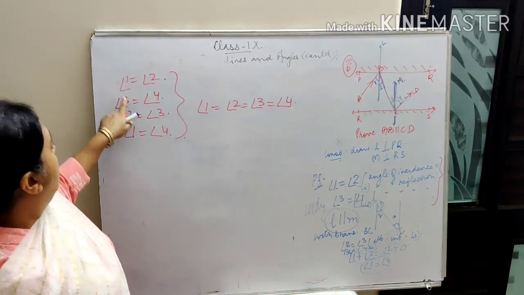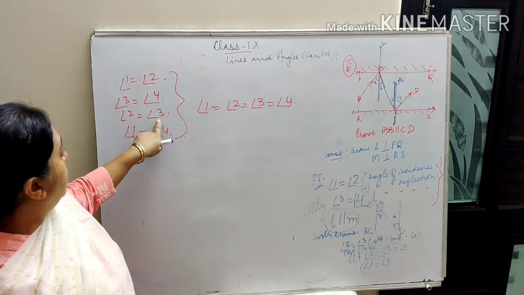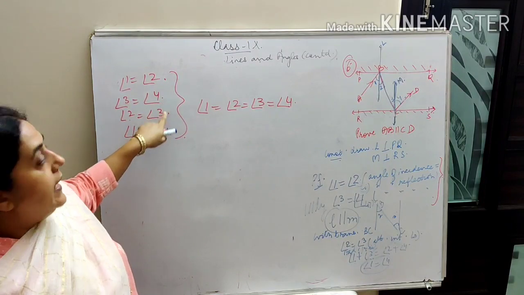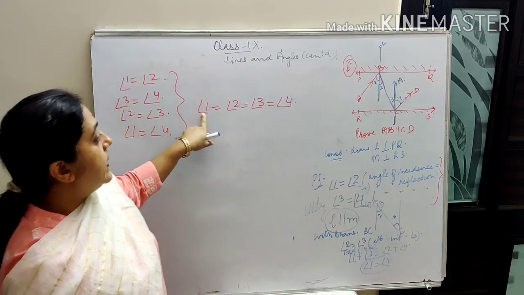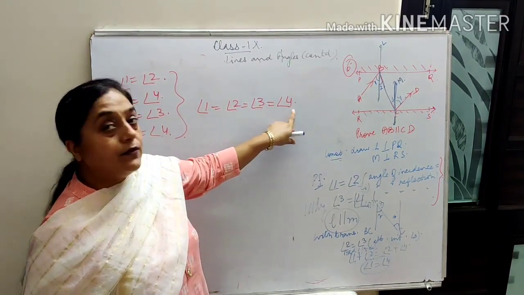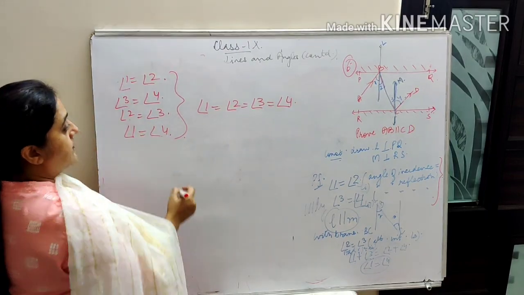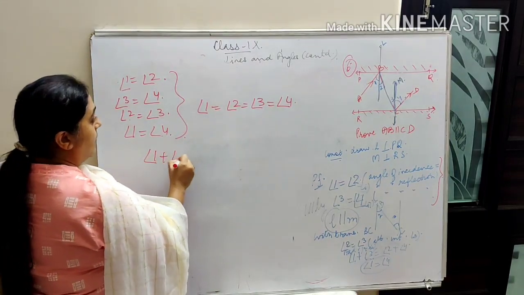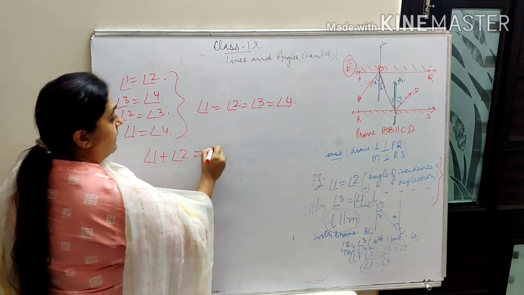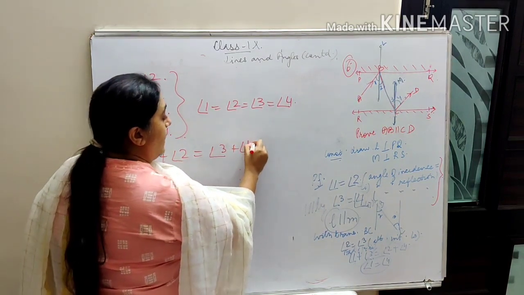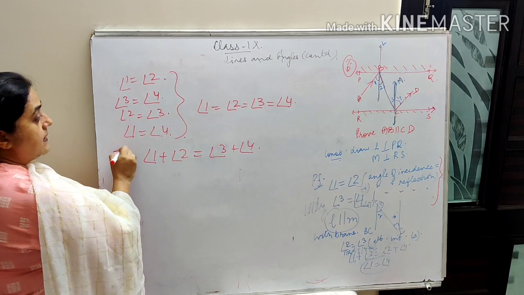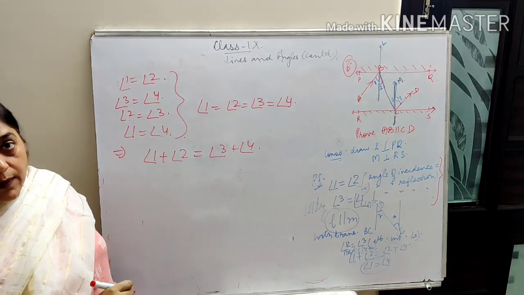What does it mean? If I add 1 and 2, then add 3 and 4, they are equal. This implies 1 plus 2 is equal to 3 plus 4.